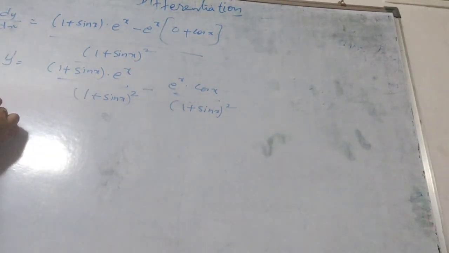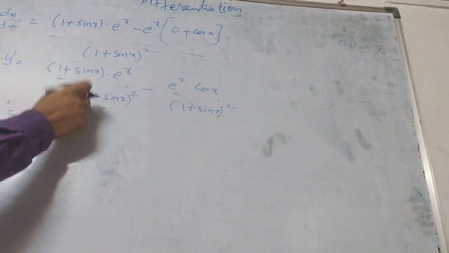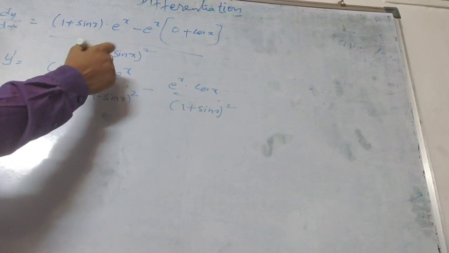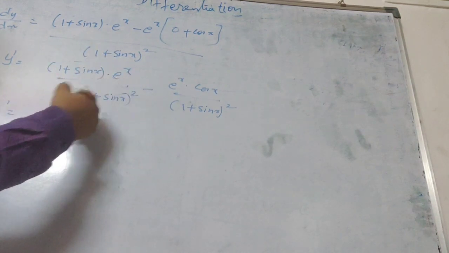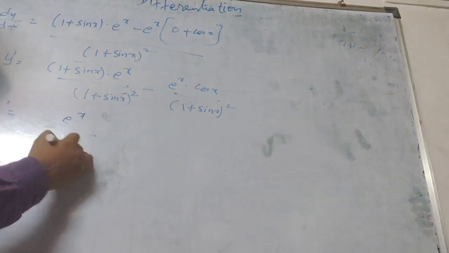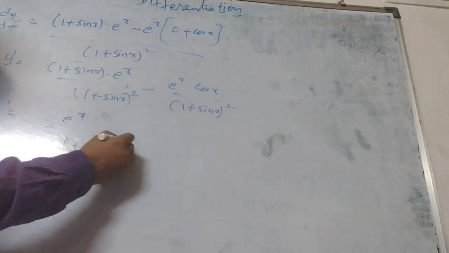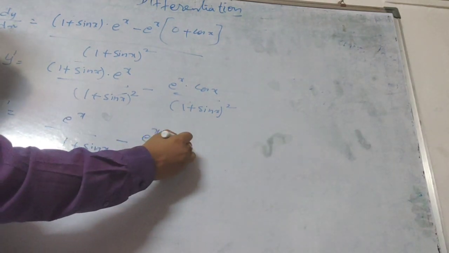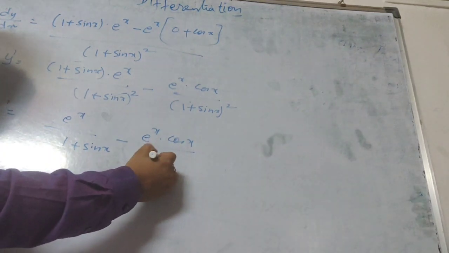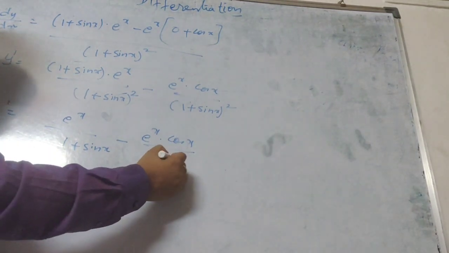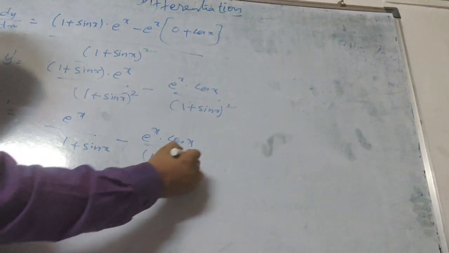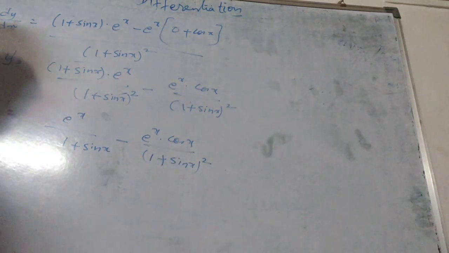So y dash equals, 1 plus sin x by 1 plus sin x whole square, the 1 plus sin x gets cancelled, e power x by 1 plus sin x minus e power x into cos x by 1 plus sin x the whole square.